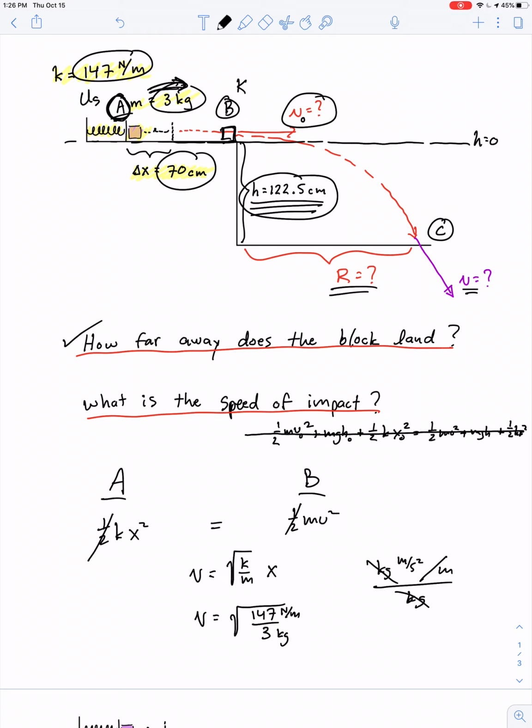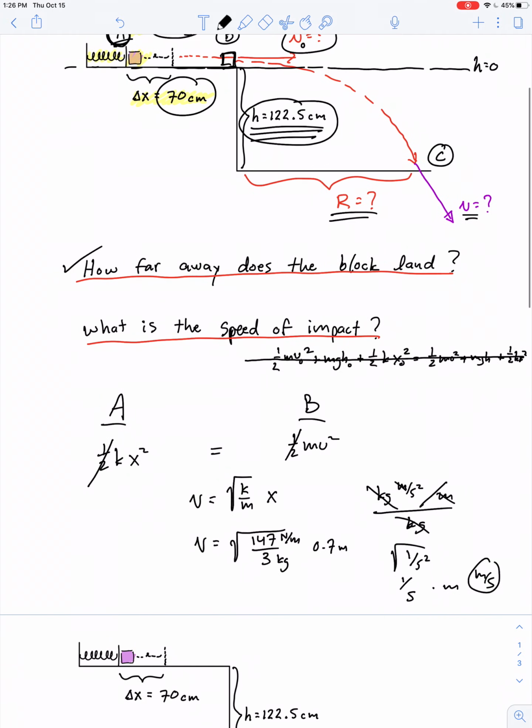Meters cancel. We get 1 over second squared. If we take the square root of that, we get 1 over seconds. Well, then we're going to multiply that times 0.7 meters. So we get 1 over seconds multiplied by meters to give us meters per second as a final result.